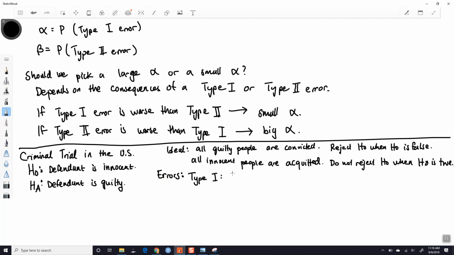So type 1 is convicting an innocent person. Okay? What is a type 2 error? Type 2 is letting a guilty person go free.